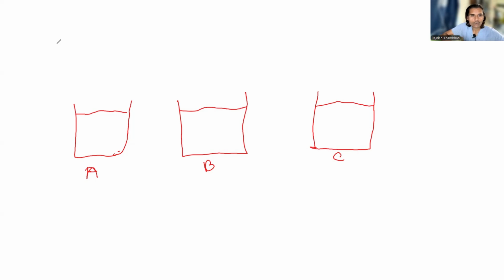So there is no difference in the three glasses except the names A, B, and C, and they have the same amount of water. Now in this water, we have to put a cell, and instead of the cell, we can put a grape, a raisin, the dry grape. But before we do that, we have to understand the concept.